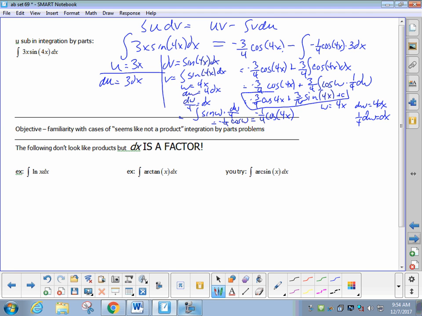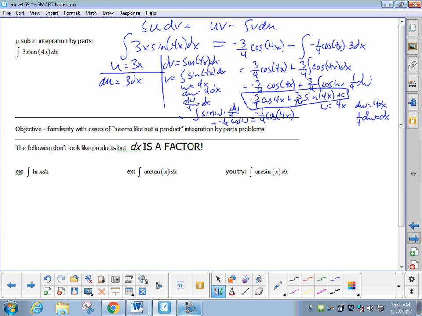So my final answer: negative 3/4 cosine of 4x plus 3/16 sine of 4x plus c. If you didn't need to do the w-sub, could you just go straight to that? Yep. You can avoid the w-sub if you can do that.